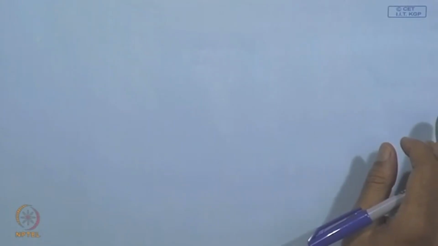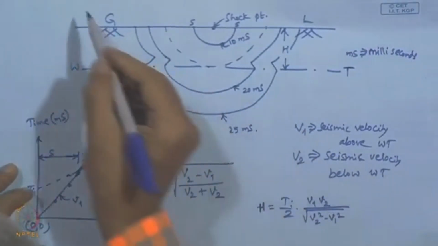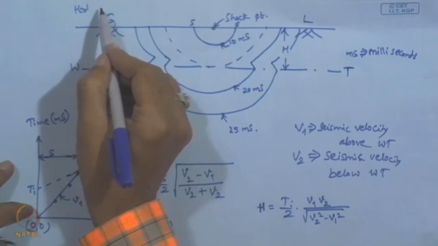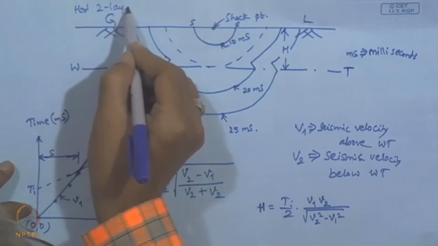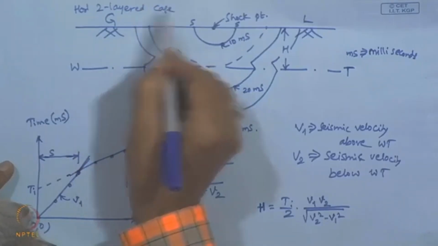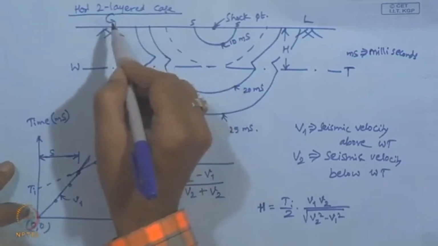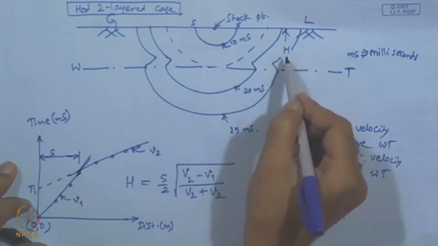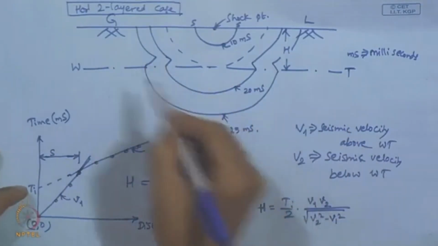And now we will consider this is a horizontal two layered case, one above the water table, which is at a depth of h, the other one below the water table.